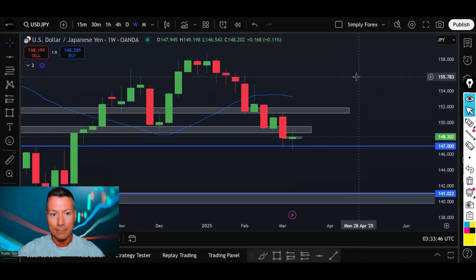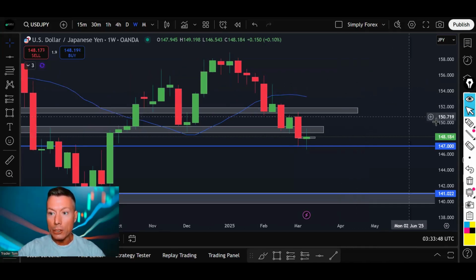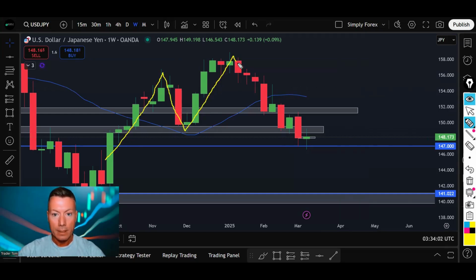That is the plan. So this is the weekly chart, and we obviously need reasons and confluence for us to sell US dollar yen. On the weekly chart, we were in this uptrend, and then price came all the way back down to these lows, but eventually broke these lows with this big bearish candle.